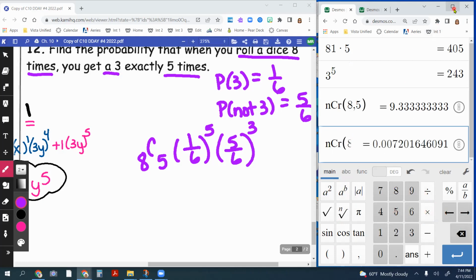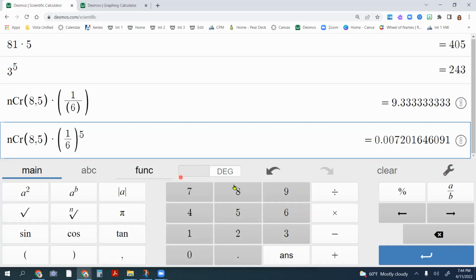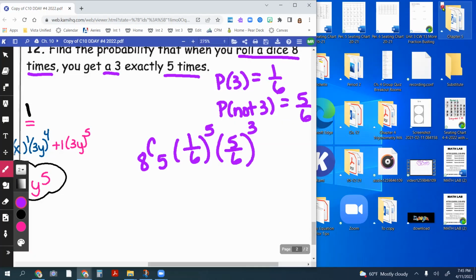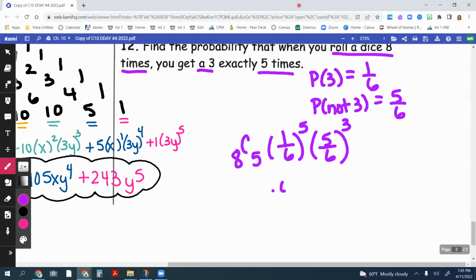And let me expand it out, and 5/6, so I can see when I'm typing. 5/6 raised to the power 3, because these have to add up to the 8. And I get 0.00417, let's say. So I get 0.00417 as our answer. And that's the end of this video.